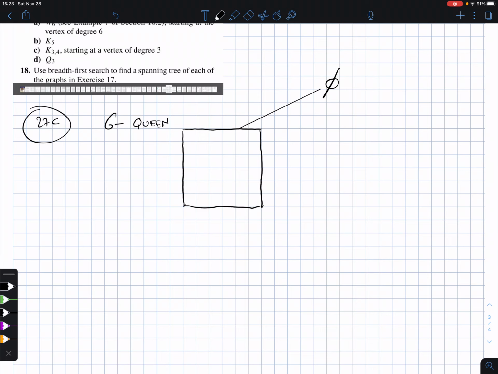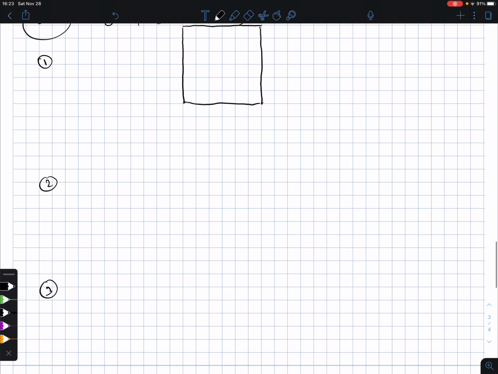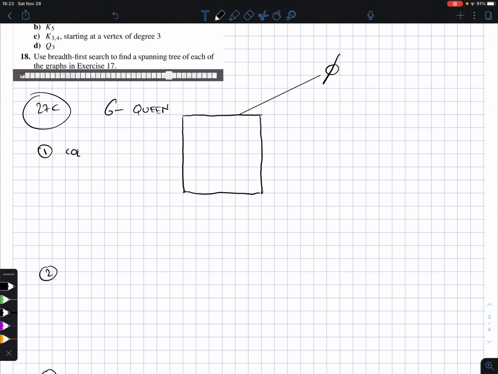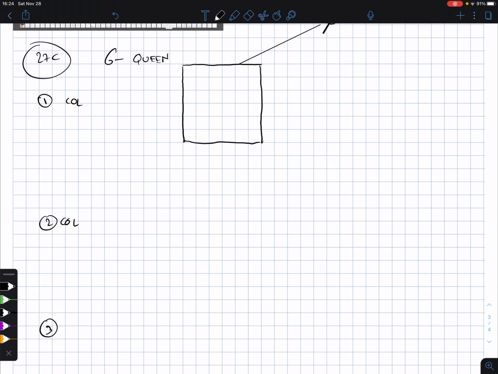Okay, and remember what we always do. This is level 1. And then here will be level 2, and then we will do level 3, and the levels correspond to the columns. In the first column, I'm going to put the first queen. On the second level, I'm going to put the second queen in the second column.